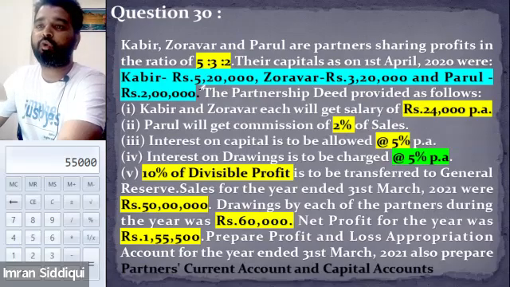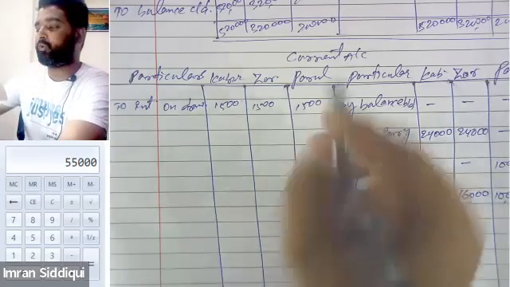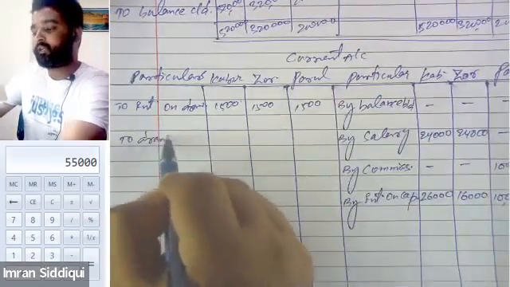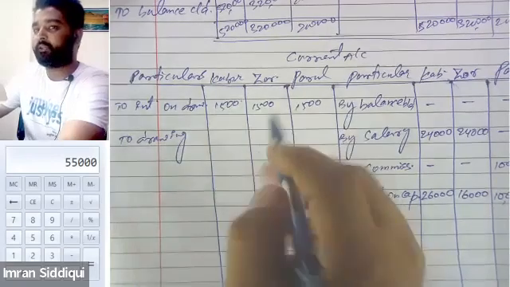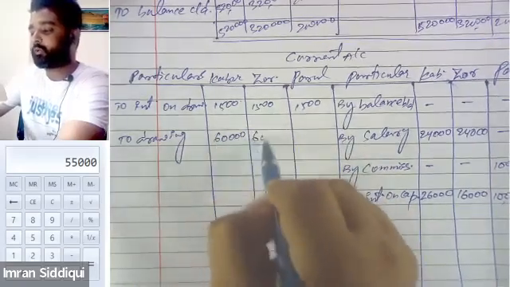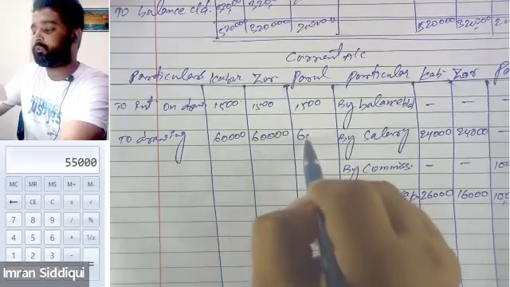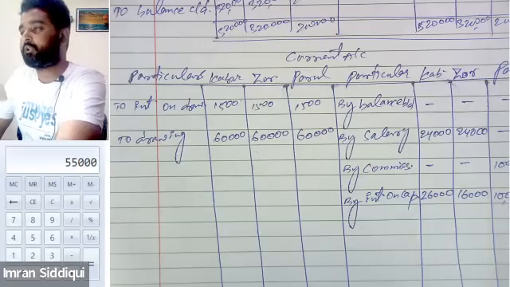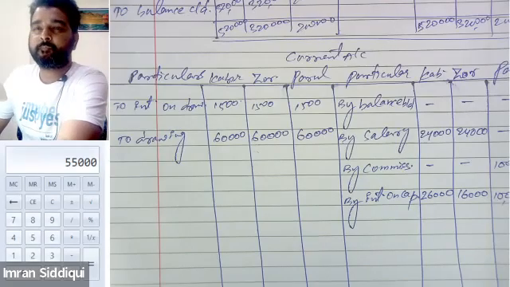This is the amount of drawing made by each partner. So we'll go to the current account again. We'll write down the drawings. Drawings are recorded on the current account debit side. Each partner has withdrawn 60,000 out of their capital account. 60,000, 60,000, 60,000. Is this clear, Renosh, Halima, and Aman? Yes, sir.